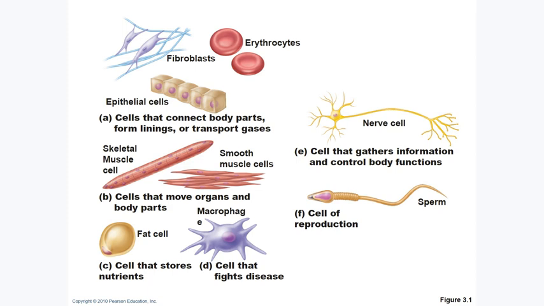We've got skeletal muscle and smooth muscle, and these move organs and body parts. We've got fat cells for storing nutrients, macrophages for fighting diseases, sperm cells for reproduction, and nerve cells for gathering information and controlling body functions. And you can see that they all look different because they all have different functions.